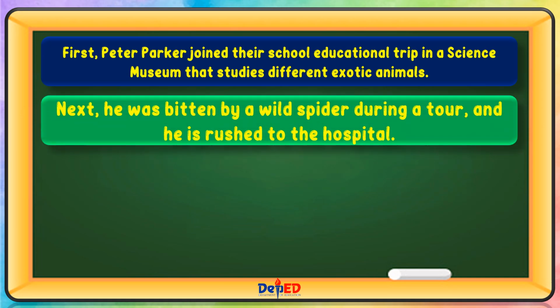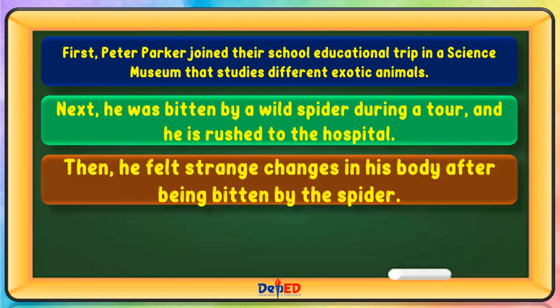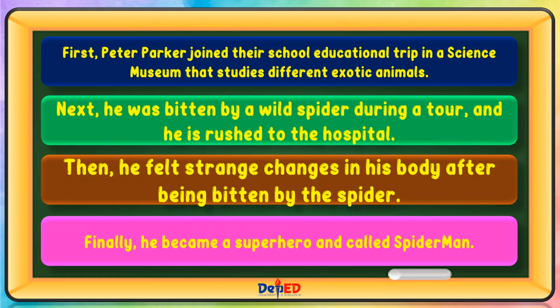Next, he was bitten by a wild spider during a tour, and he was rushed to the hospital. Then, he felt strange changes in his body after being bitten by the spider. Finally, he became a superhero called Spider-Man.